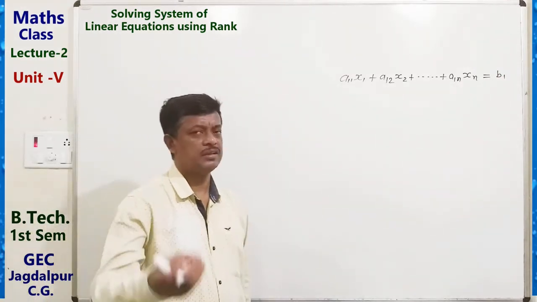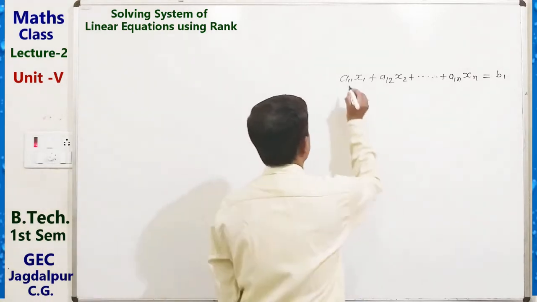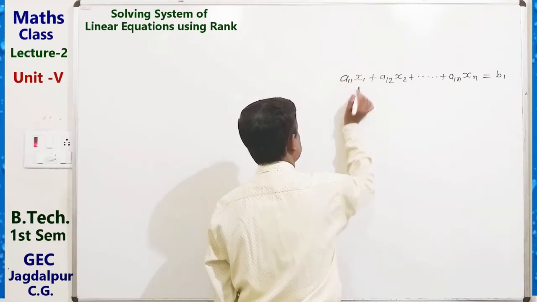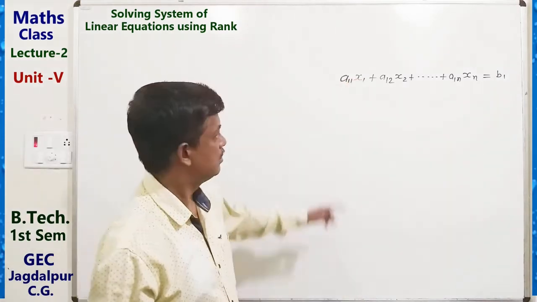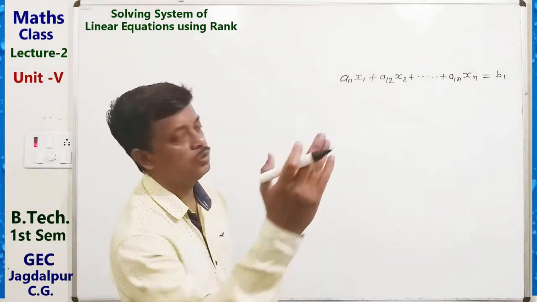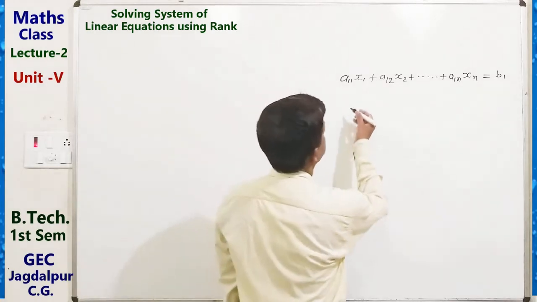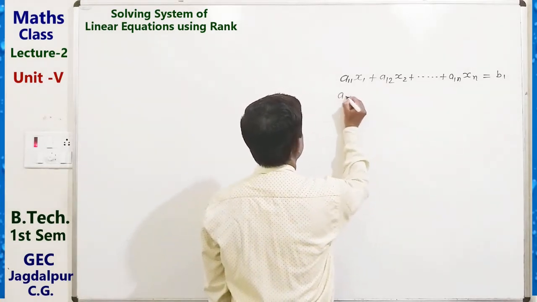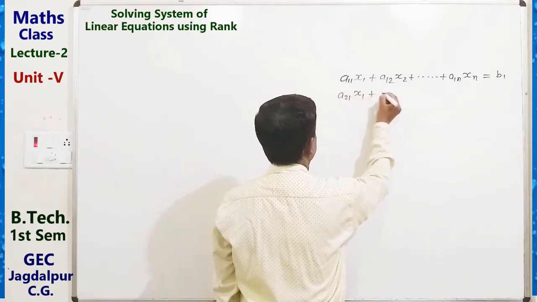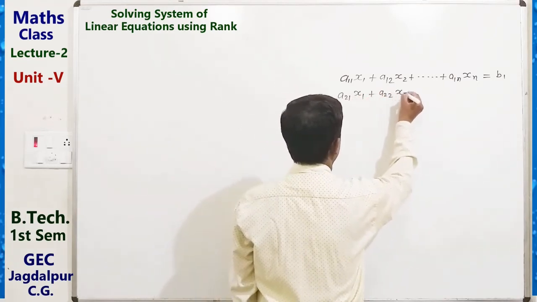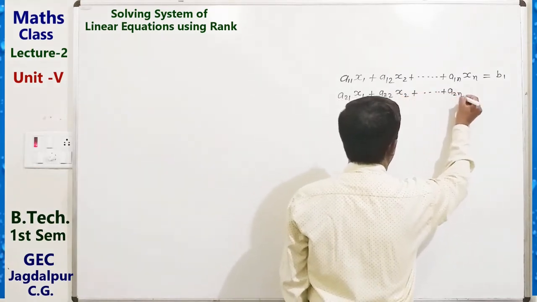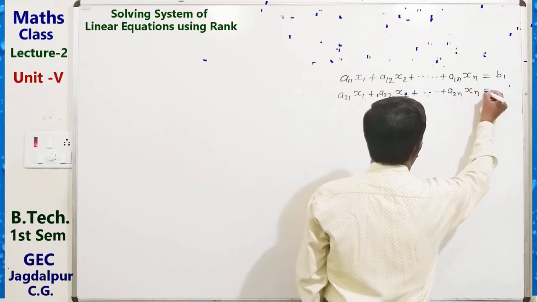We are considering it in general form. So the first equation is this. The coefficients are named by indexing: a11, a12, a13 and a1n. There are n unknowns. Second equation: a21 x1 + a22 x2 + ... + a2n xn = b2.